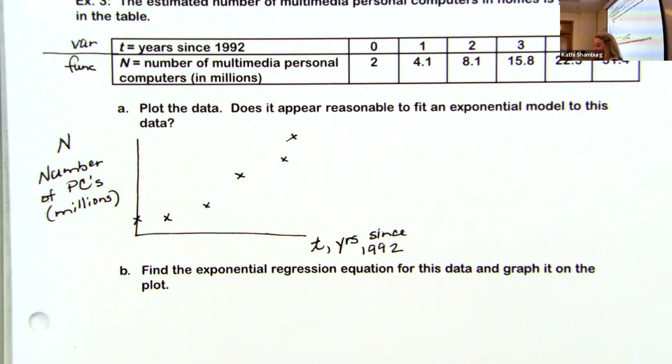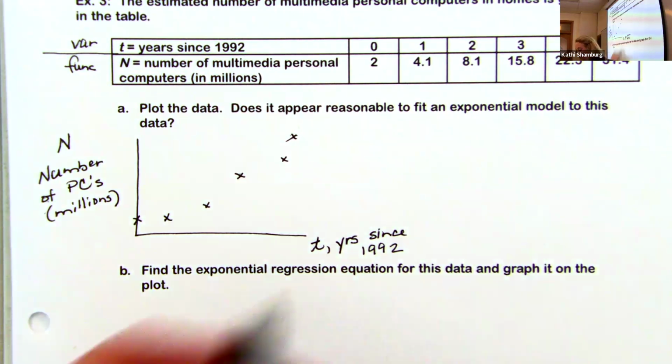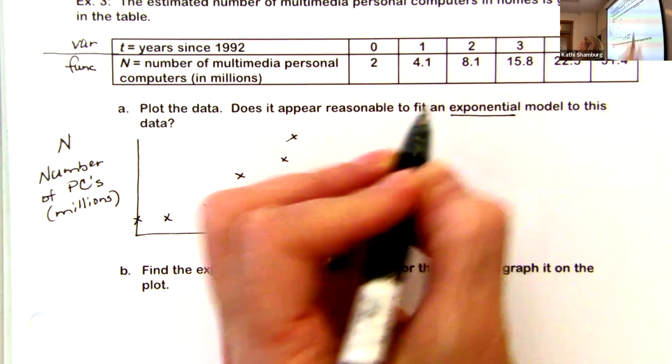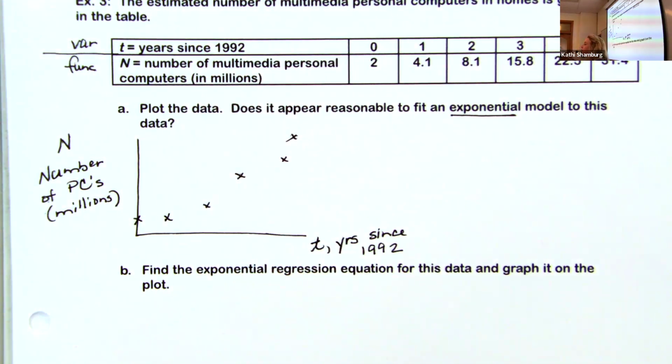Now, does it appear reasonable to fit an exponential model? How do we know when it is an exponential model? It's either increasing at an increasing rate, which would give you growth, or decreasing at a decreasing rate, which would give you decay. So what's going on here? It is increasing at an increasing rate.